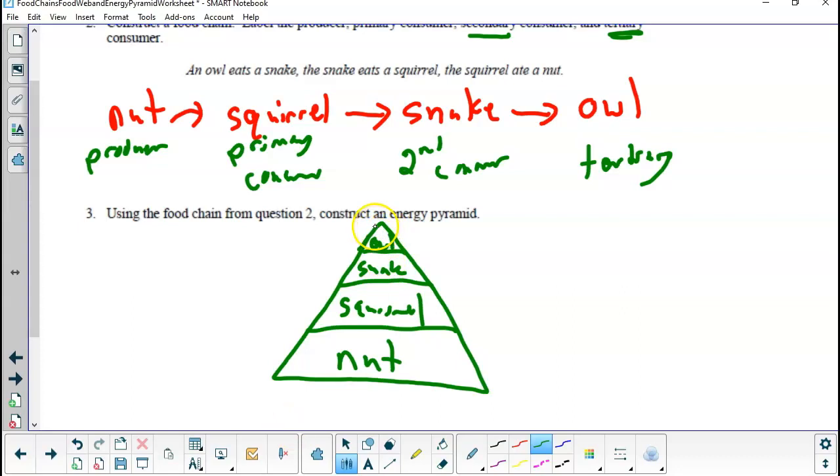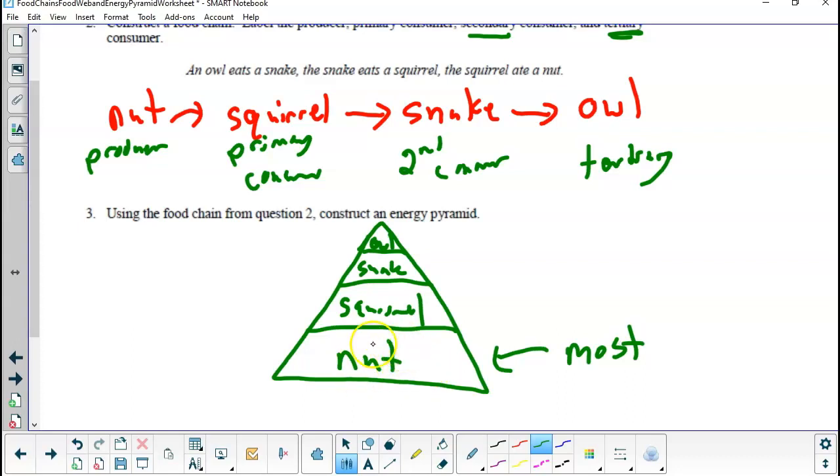And with the energy pyramid, this shape helps us remember that in any ecosystem or any food chain, we need the most of those primary producers, the most plants. So if you think about how many plants a cow eats, there's going to be thousands and thousands of plants for one cow.